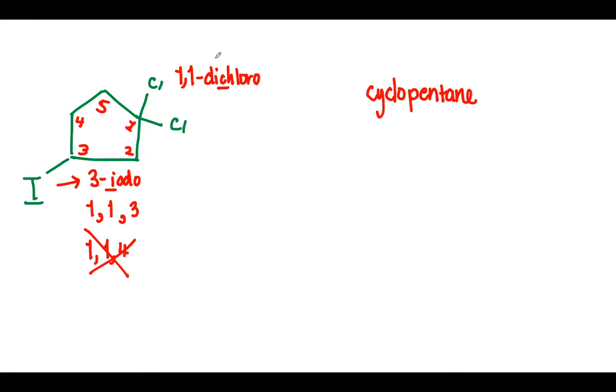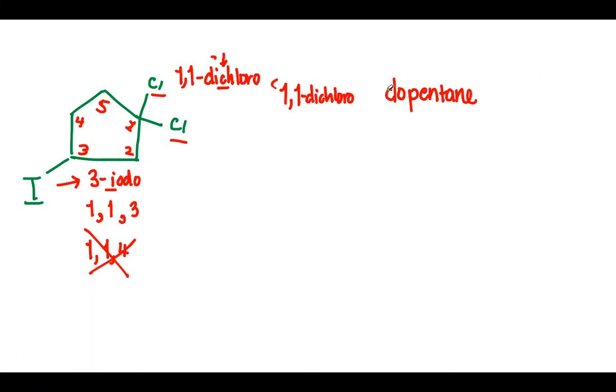And the di is never included in this. It has to be the first letter of whatever the side group actually is. So in this case, since this is a chlorine, the first letter is a C. And since this is an iodine, the first letter is an I. So I've got 1,1-dichloro. Oops, I'm running out of space here. I'm just going to erase that and write it again.